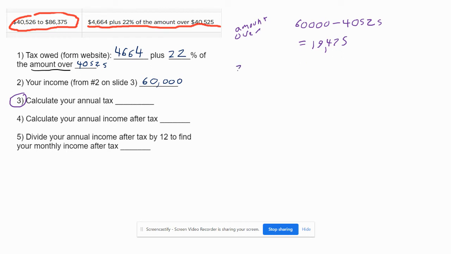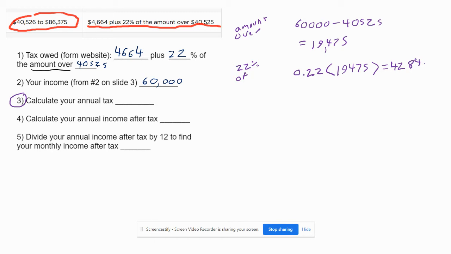Okay, that's my amount over. Then I'm going to find 22% of that. I'm going to take 0.22 and multiply it times 19,475. To get 22%, I get 4,284.5.